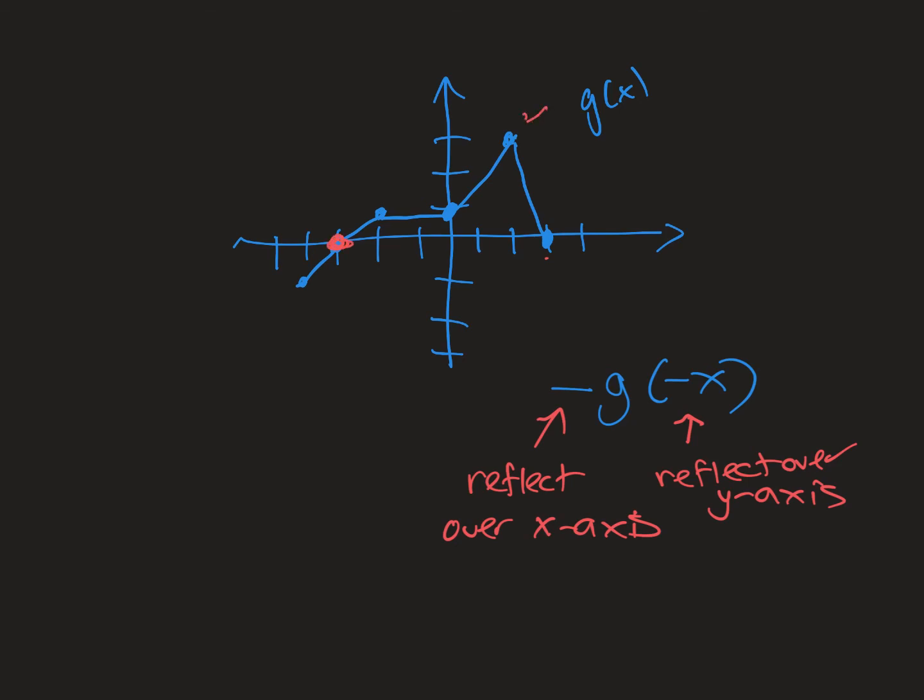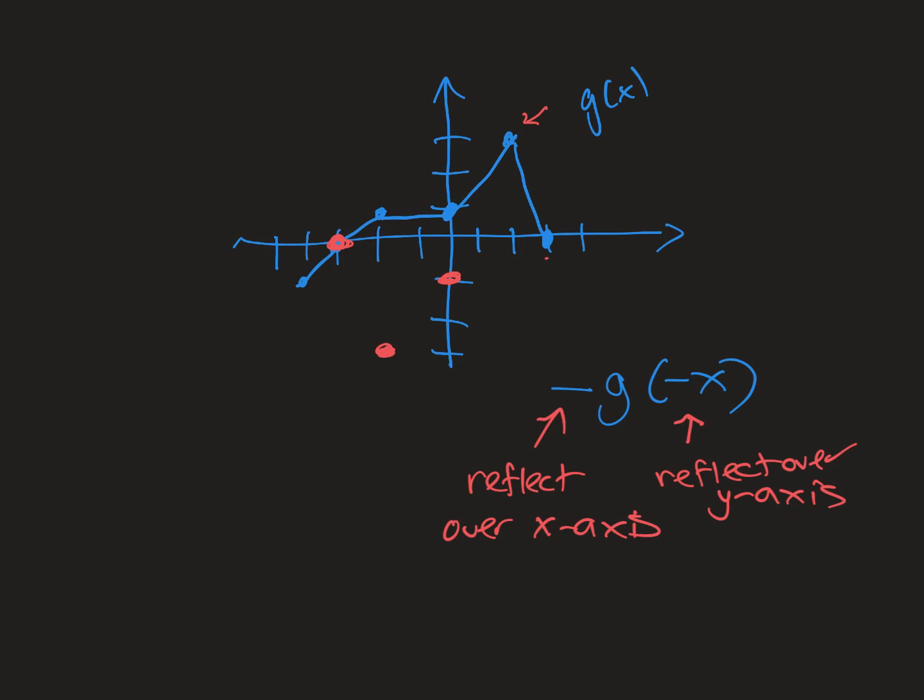The next point, if I look here, this is at 2, 3. Well, now it would be at -2, -3. The y-intercept is 0, 1. Reflecting over the y-axis, it's still at 0, 1. But then reflecting over the x-axis, it goes down to -1.